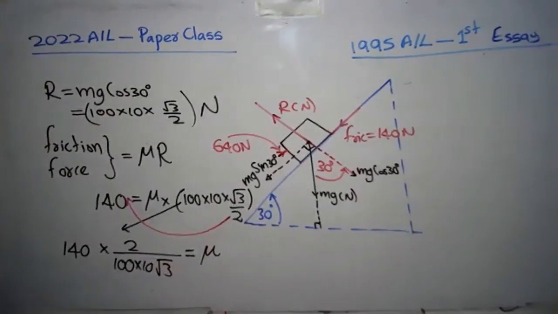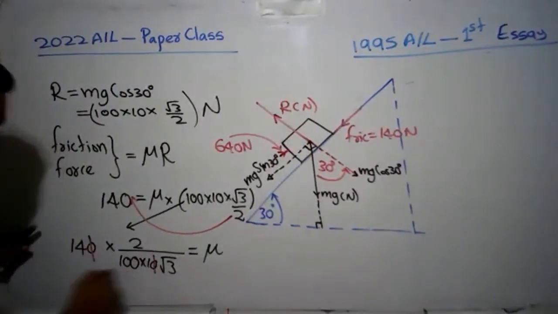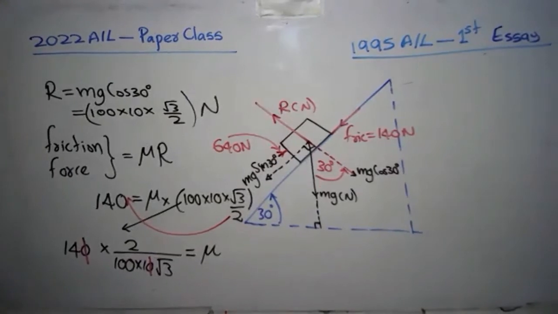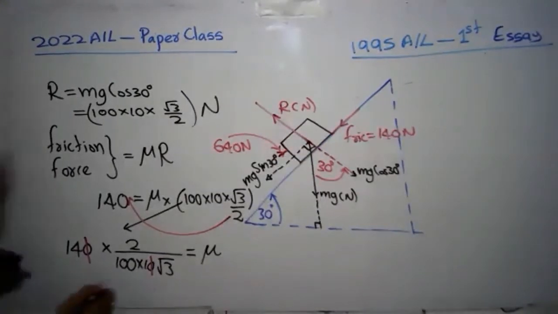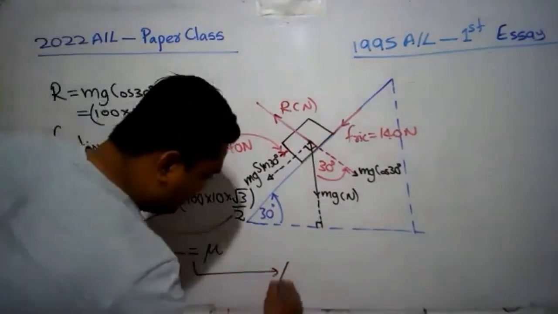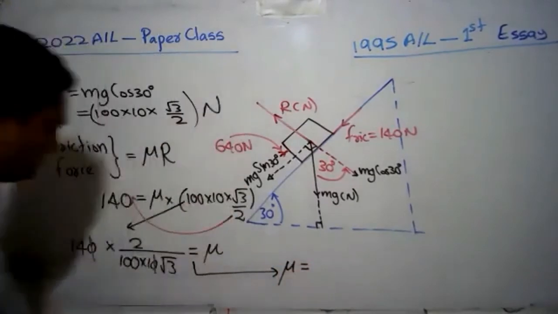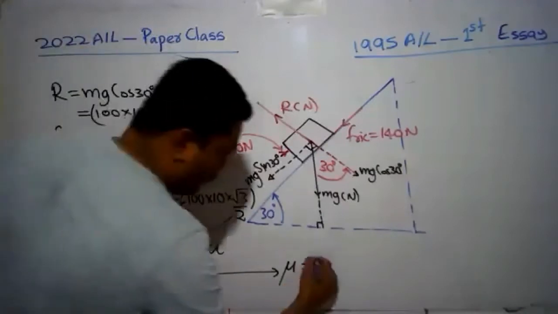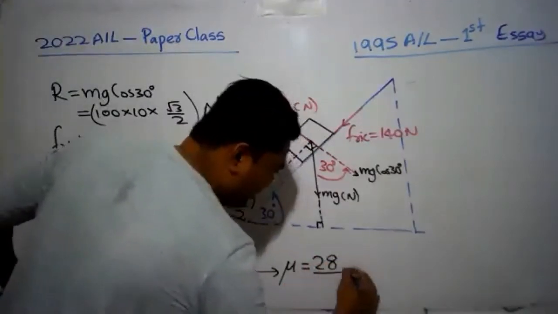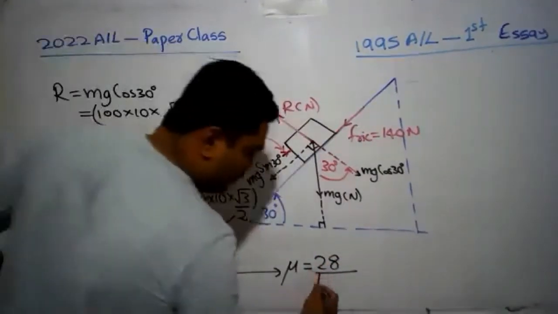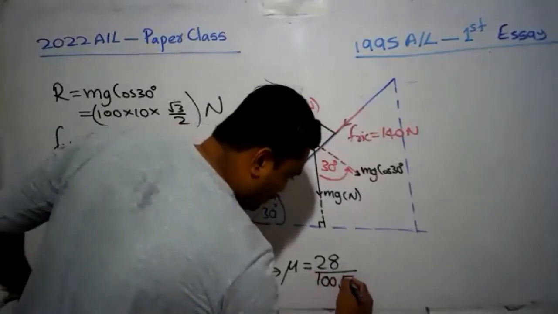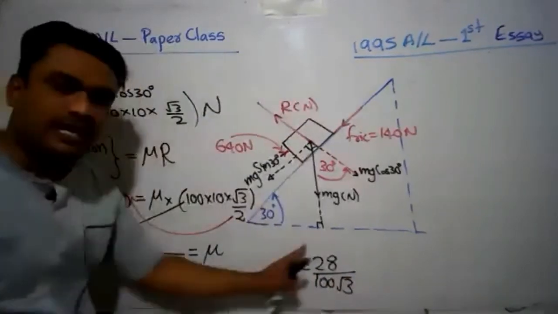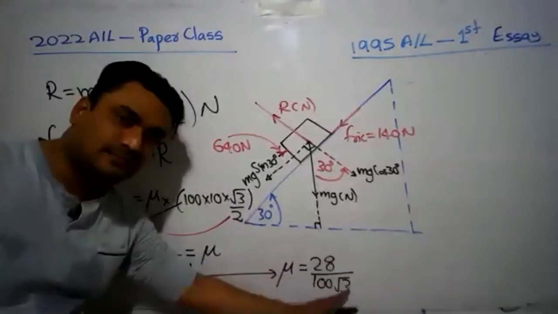So we can cancel out this 0 and this 0. Right? Then we will get mu equals 2 into 14, 28, divided by 100 root 3.